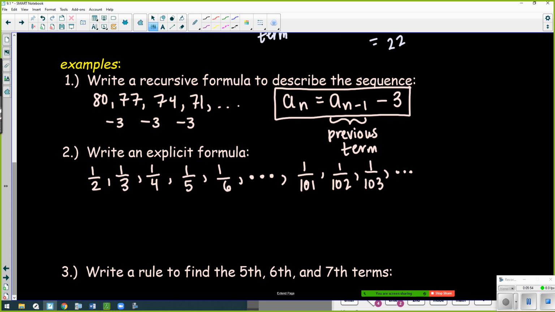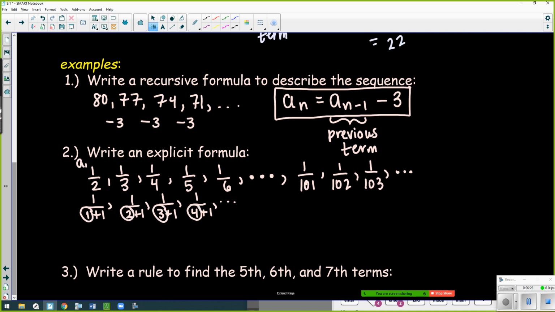Do you see a pattern? I see 1 over 1 plus 1. I see 1 over 2 plus 1. I see 1 over 3 plus 1. I see 1 over 4 plus 1. And the pattern kind of continues, right? I shouldn't have put these plus signs here. These should be commas. The plus signs mean something totally different. This is in the first spot, this is in the second spot, this is in the third spot, this is in the fourth spot.